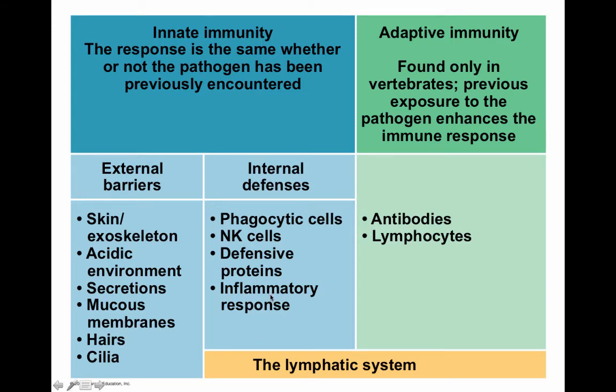This is very different from adaptive immunity. Adaptive immunity is cell-mediated immunity and humoral response, and it involves antibodies and lymphocytes. B lymphocytes make the antibodies, but then there are also T lymphocytes, which can have a different type of response, and they work together to form the adaptive immunity.